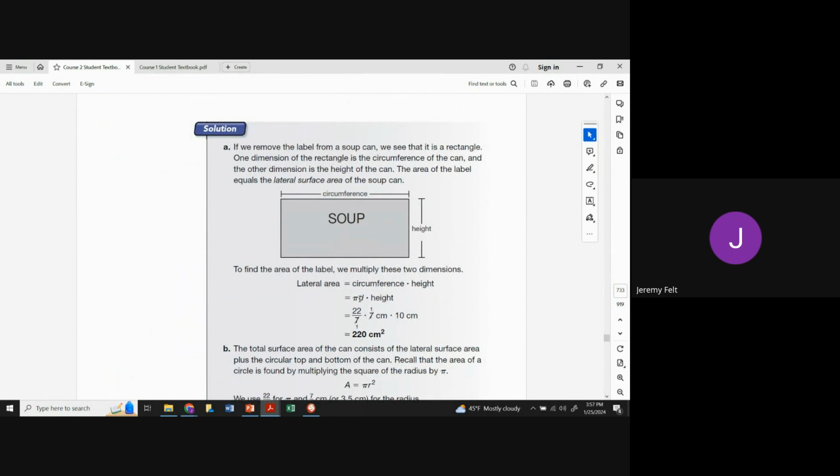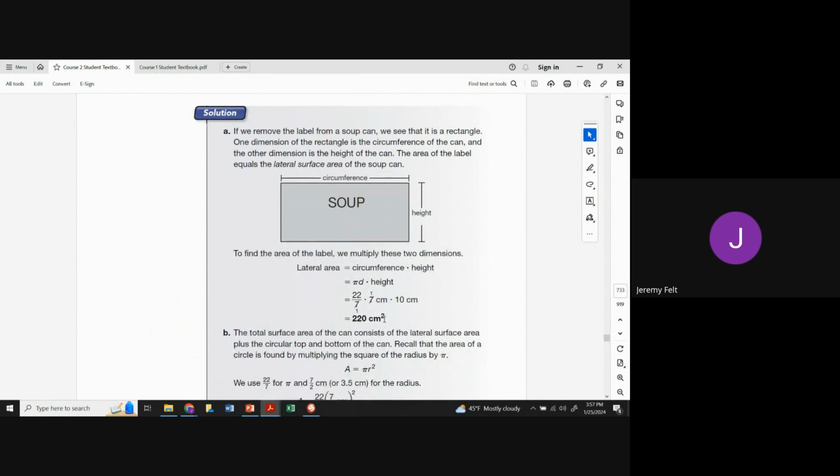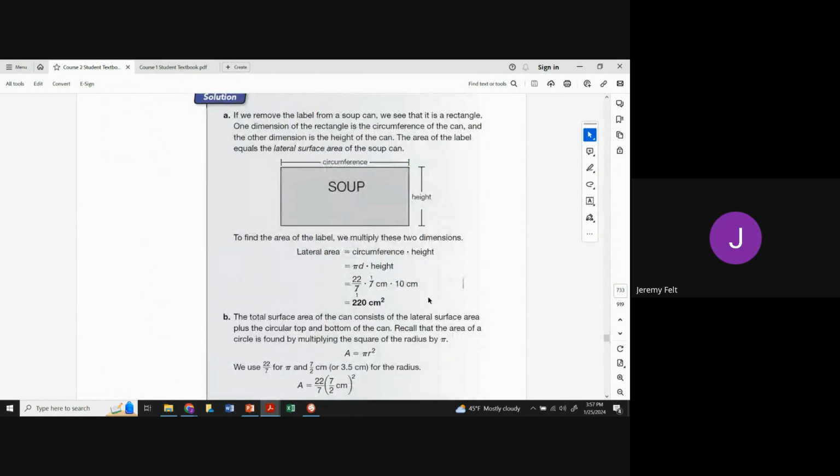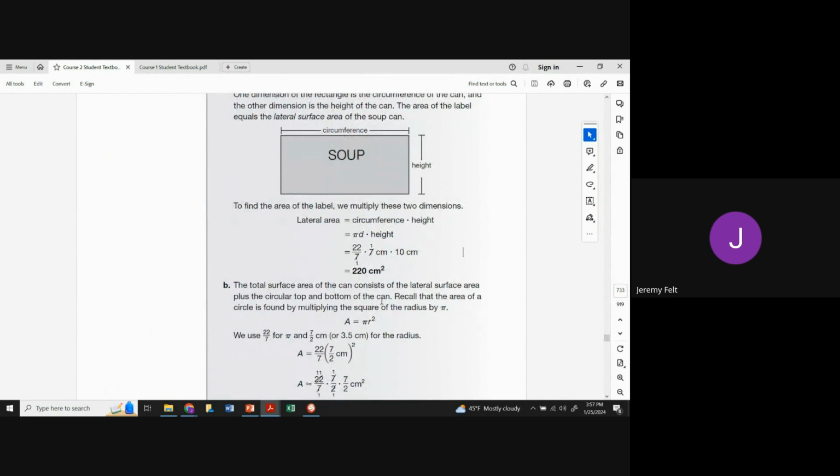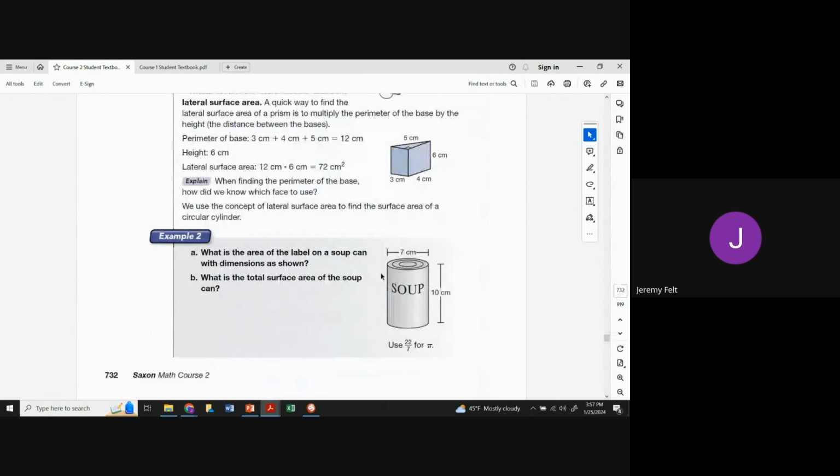So circumference, pi times diameter, we're told to use 22/7. So 22/7 times 7 times 10 gives us 22 times 10, which is 220. This gave us the circumference, which was 22. The height was 10, which you're given right there, and that gives us 220. Now for the total surface area, we've got to add in these circles. The diameter is 7, so our radius would be 3.5.